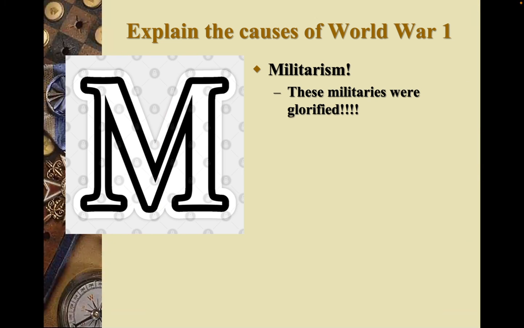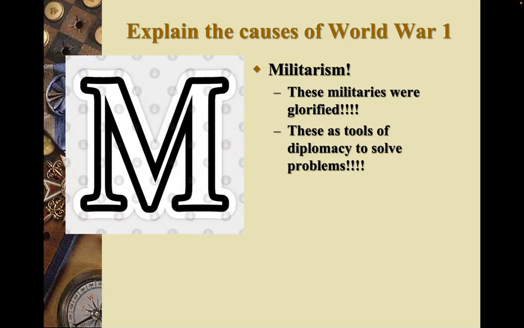So this basically led to the idea that militaries were glorified. Why? Well, because military development cost a lot of money. And so this idea of preparedness, of having a very large and well-equipped army with the latest weapons, was tied into nationalism.